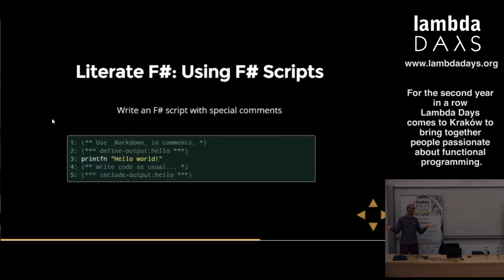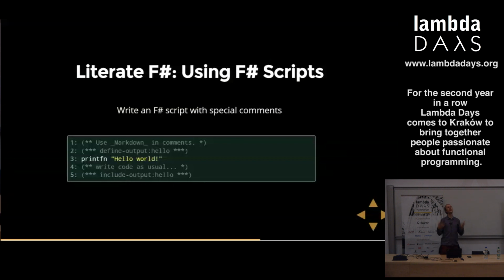It has an FSX extension, and Visual Studio and all the other editors understand this. And then you can use these open parenthesis star comments, which is a special trick because open parenthesis star is a normal FSharp comment. So we need to somehow recognize these special blocks.